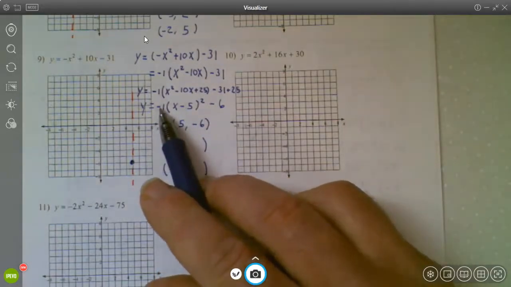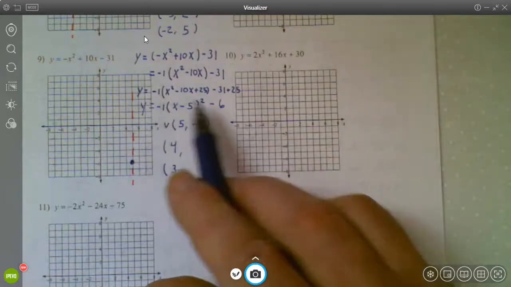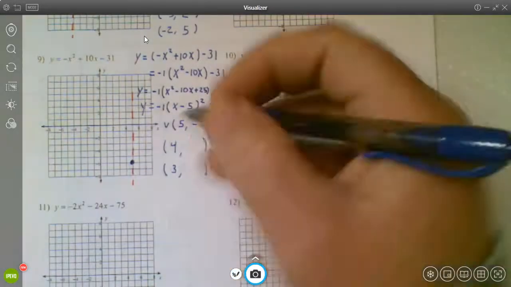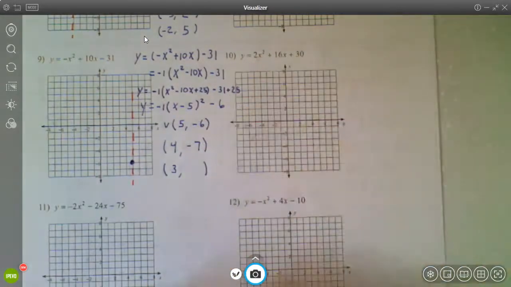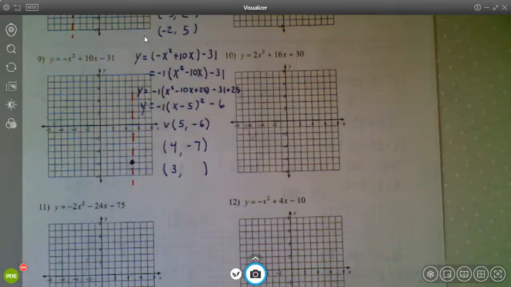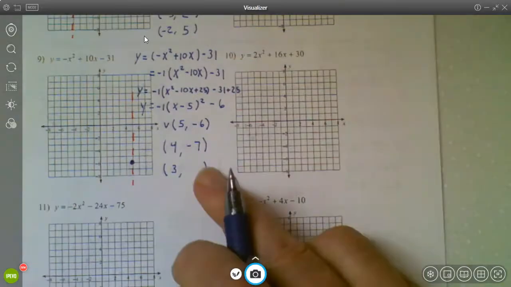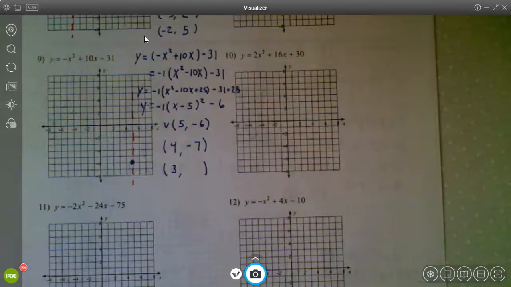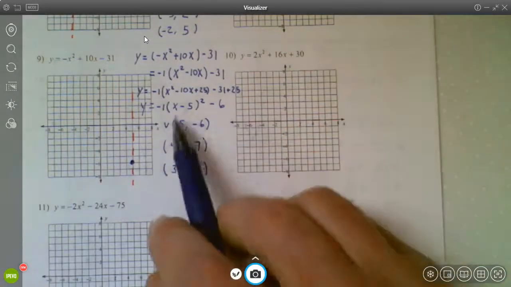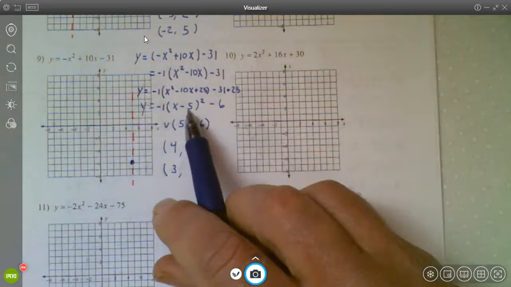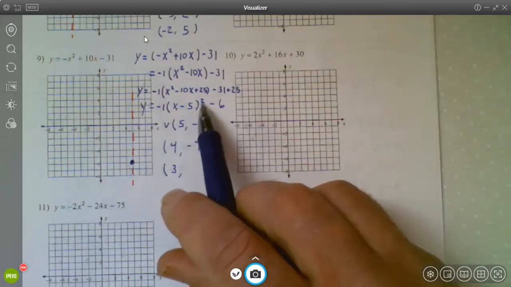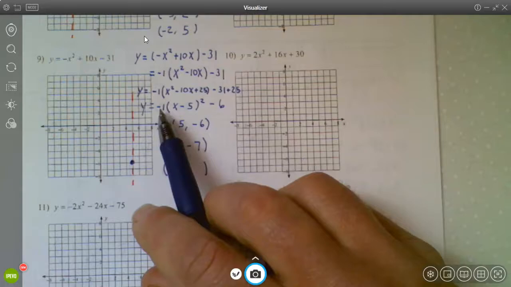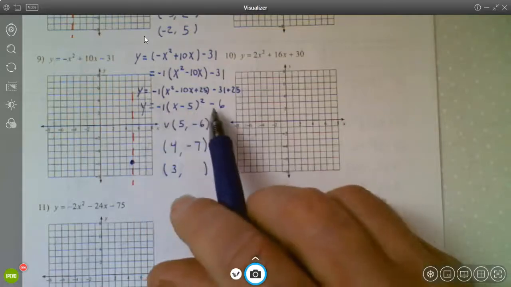Times negative 1 is now negative 1 minus 6. So careful, there's a lot of algebra going on in there, so make sure we're getting the correct numbers here. You'll know if you don't, probably, because it won't look like the U shape that we expect it to be. If I plug a 3 in for x, so I know 3 minus 5 is negative 2. Negative 2 squared is 4. Times negative 1 is negative 4 minus 6.